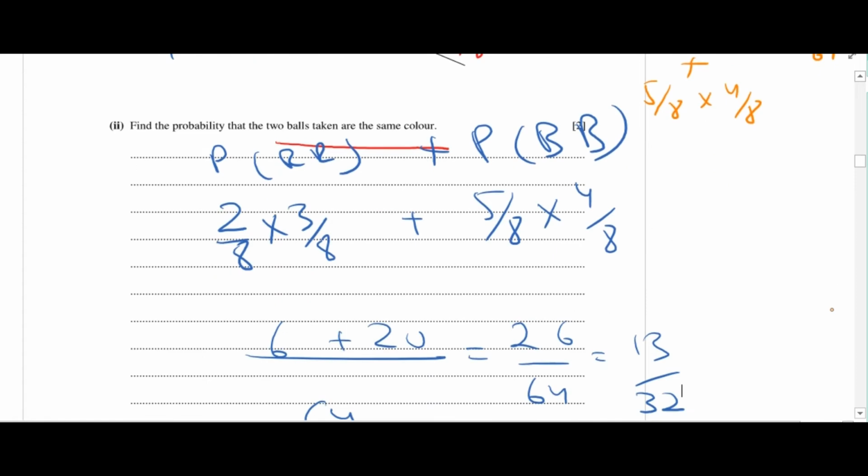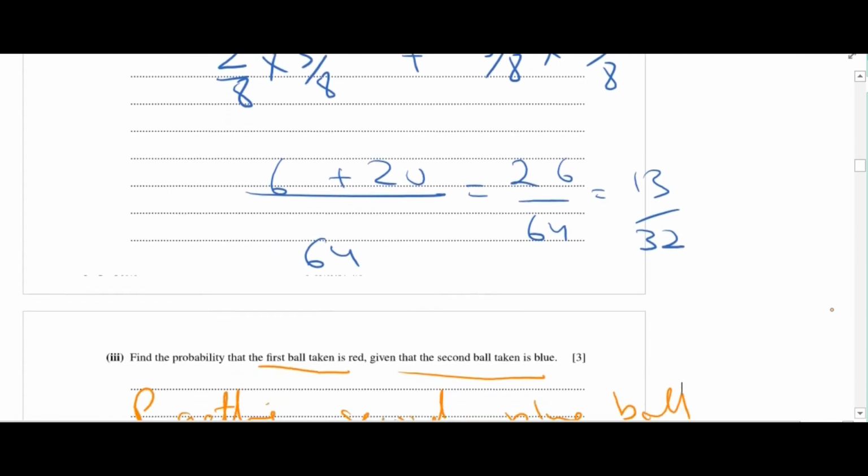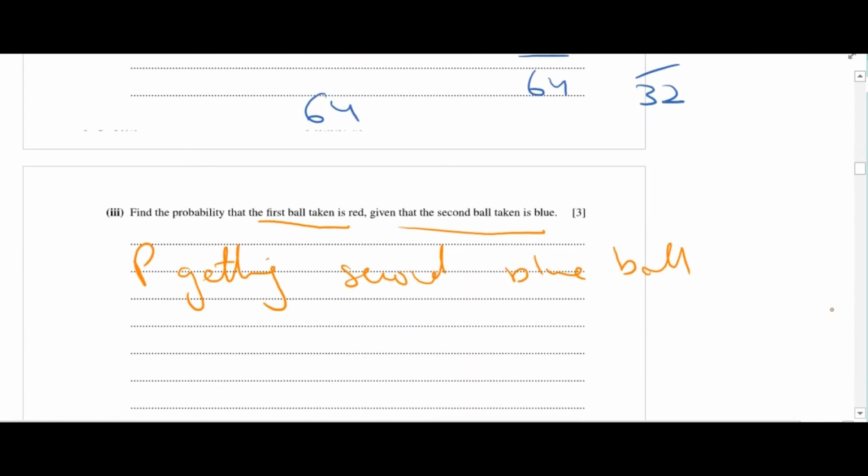So that would become 15 plus 20, that would be 35 upon 64. So the probability of getting our second ball blue is 35 upon 64.